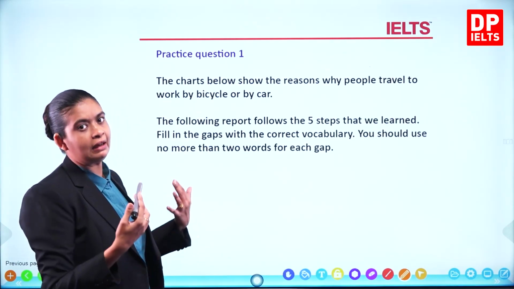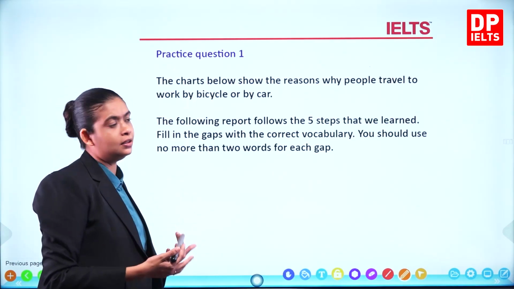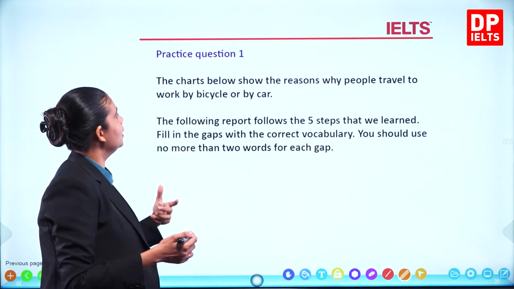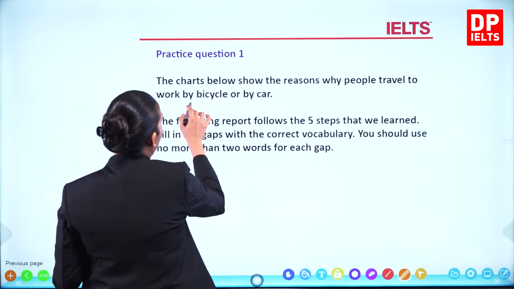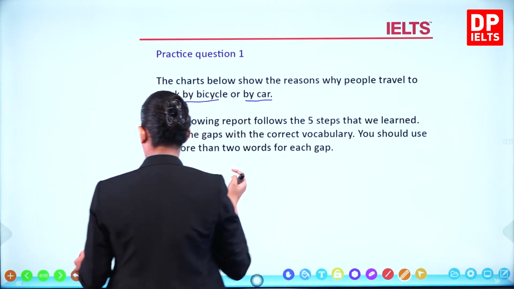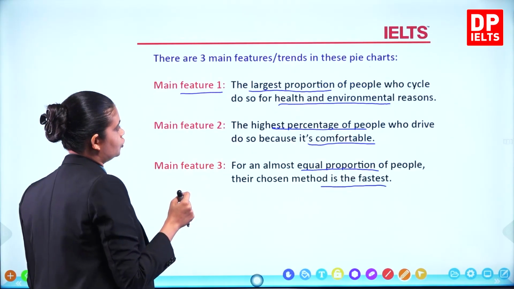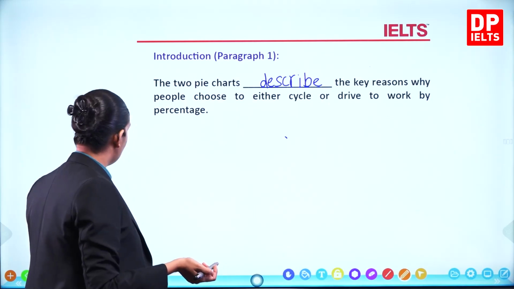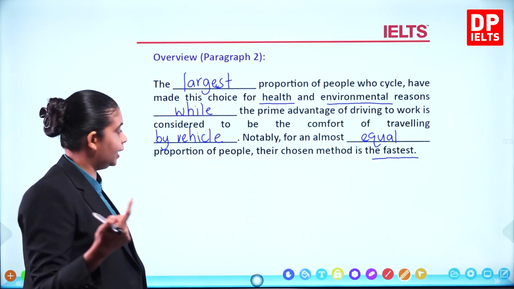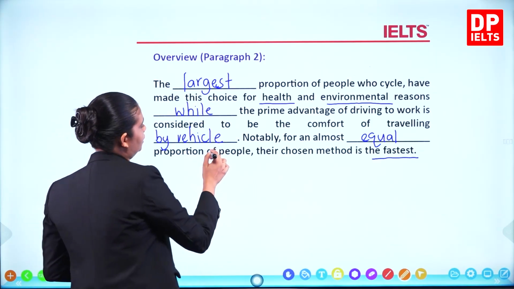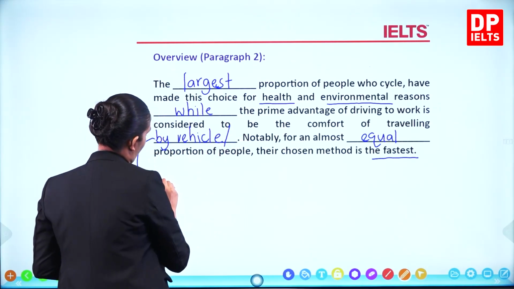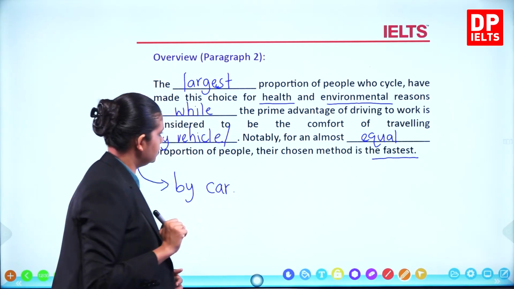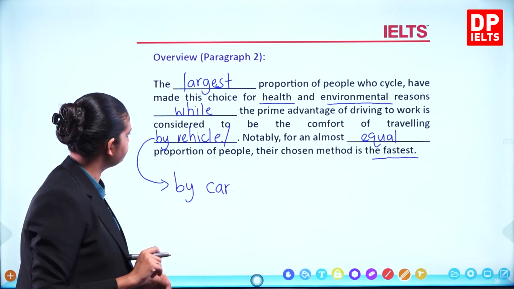We need to compare and contrast and show the examiner that we understand that there are different reasons as to why people go to work by bicycle or by car, right? Then we need to make sure that we show those significant differences. Now, when I saw that word car again and when I showed it to you, you could even write here by car. That would be better. Right? Could even write by car.